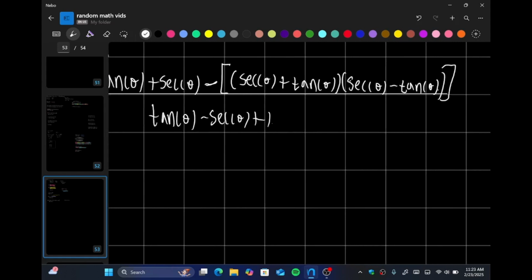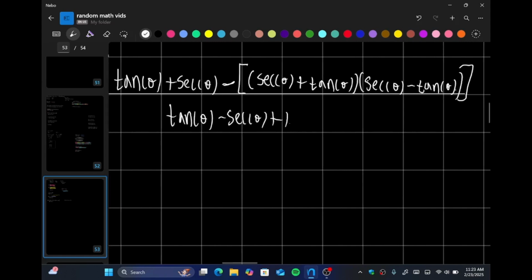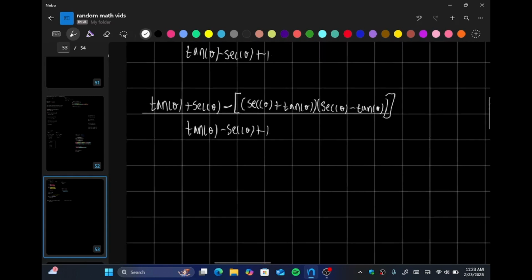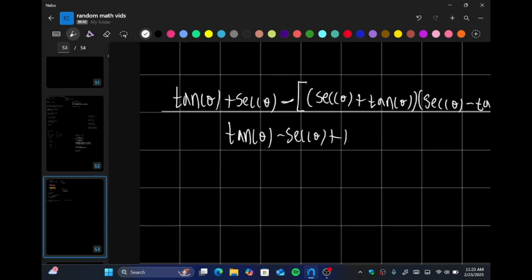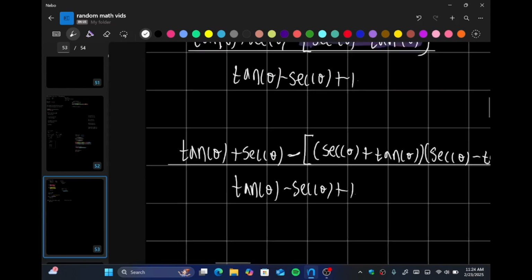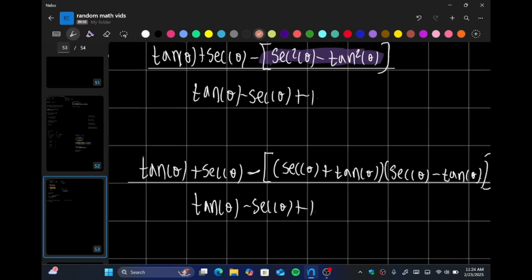So, and actually, maybe I'll do that. Actually, never mind. No, I won't. So what I'm gonna do, guys, this is gonna go the following way. So on this portion here, factor out secant theta plus tan theta.